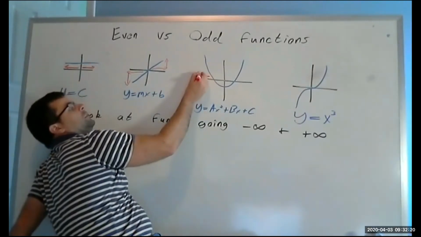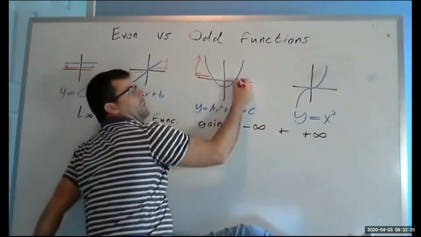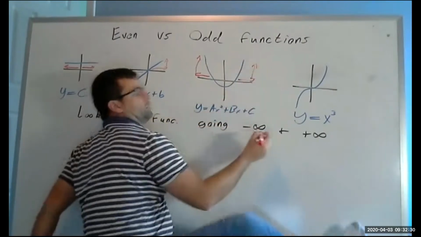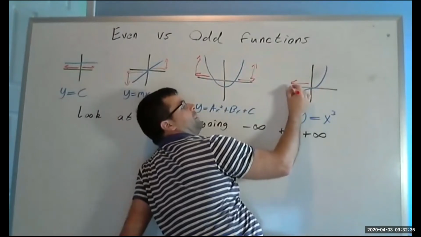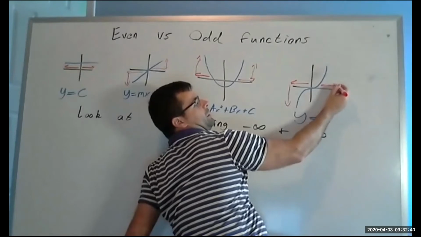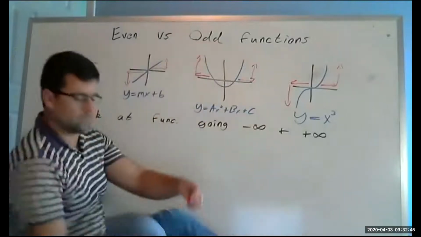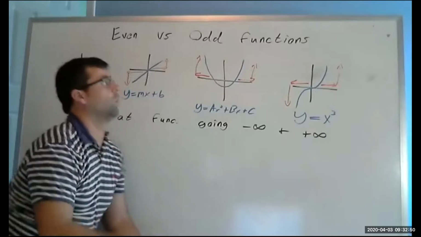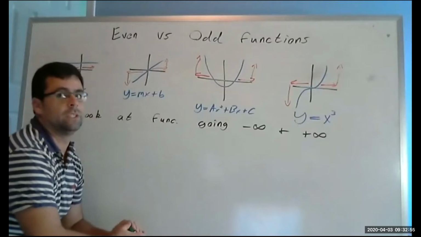This one, go to the left, the y value goes up. This one, as we go to the right, the y value goes up. This one, go to the left, and it goes down. Go to the right, goes up.